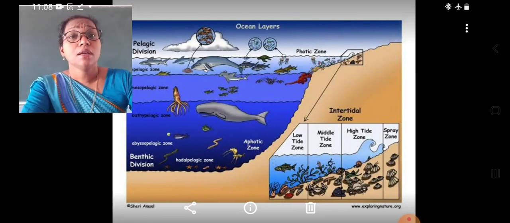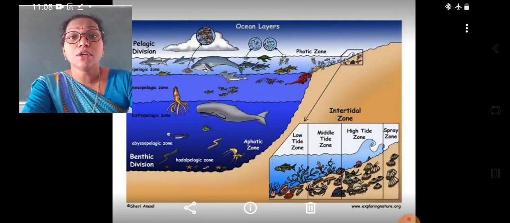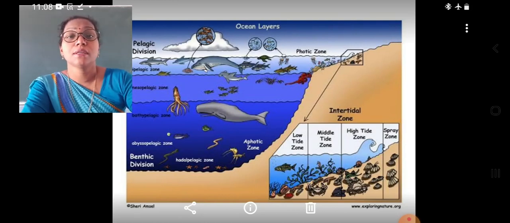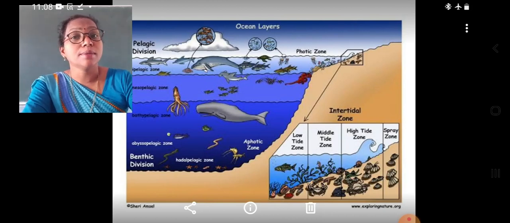As we go downwards in the ocean water, the intensity of light reaching the different zones reduces and the number of organisms reduces. When we talk about the ocean floor, very few organisms are present.